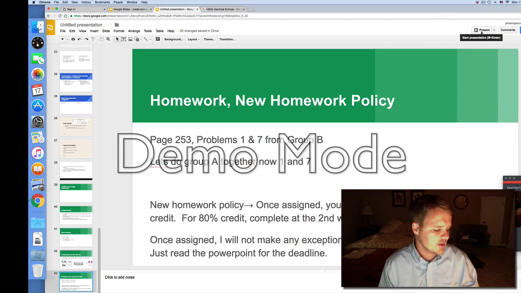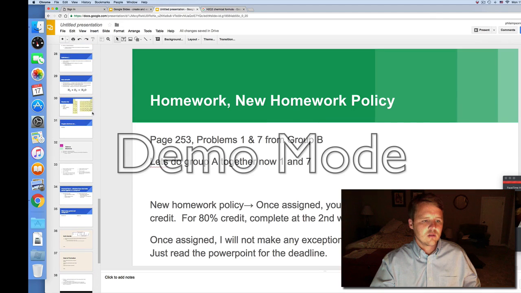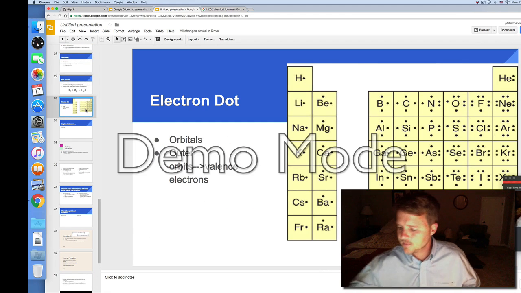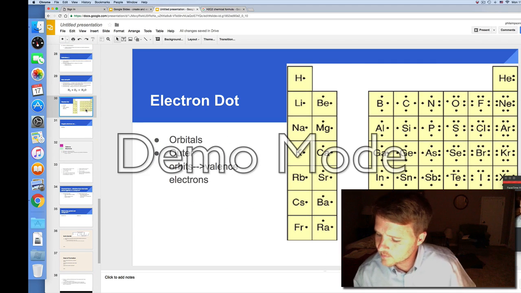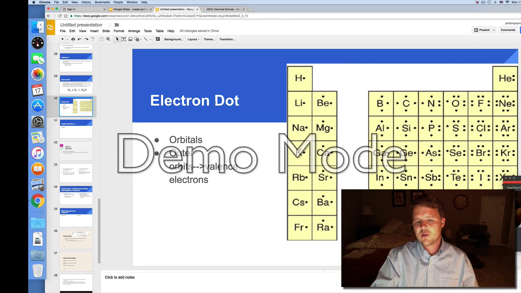So what determines the chemical properties of an atom? Remember, if we go back right here, last class I said all the atoms in this column have similar properties, not the same.